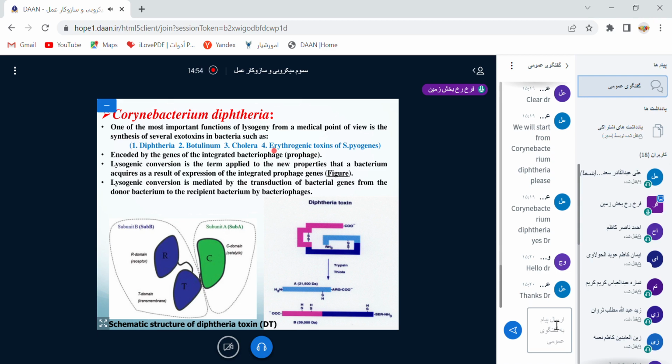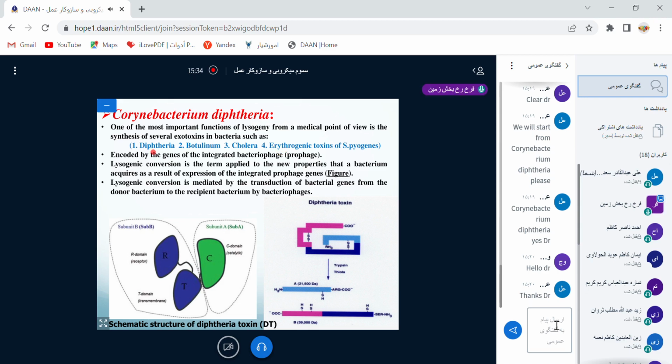All of this bacterial capability to produce toxin is related to the viral genome. Botulinum we explained, cholera we explained. Now it is the time of explaining diphtheria, and maybe in the future, very soon, we go through the erythrogenic toxins of Streptococcus pyogenes also.